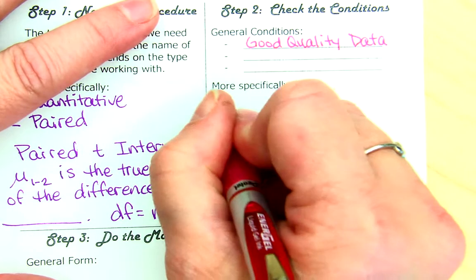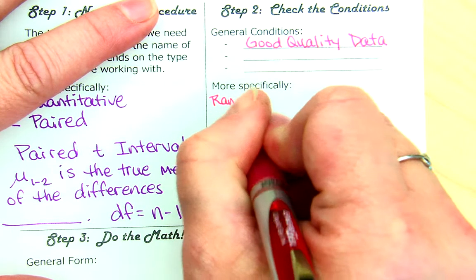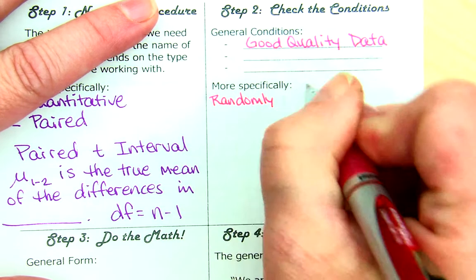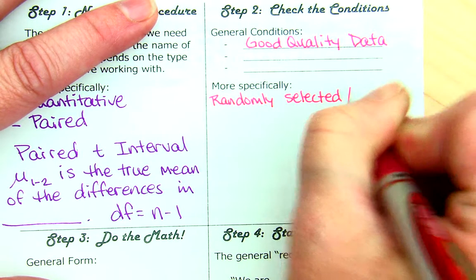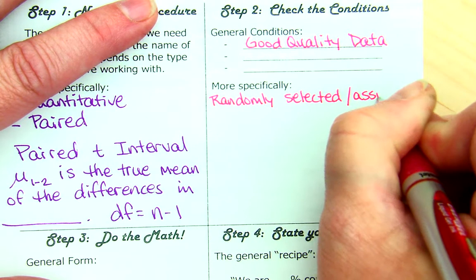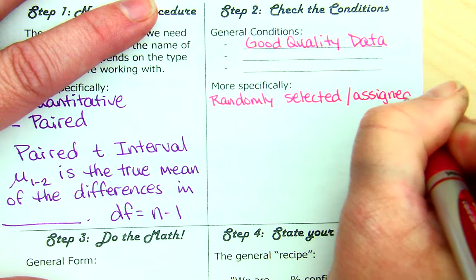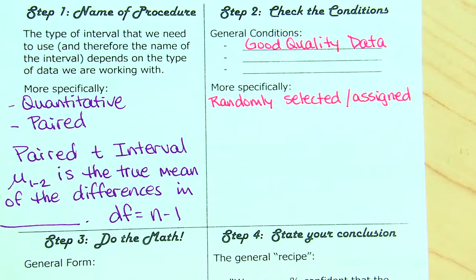So we want either randomly selected, or randomly assigned. So we want something to show randomization. That gives us good quality data.